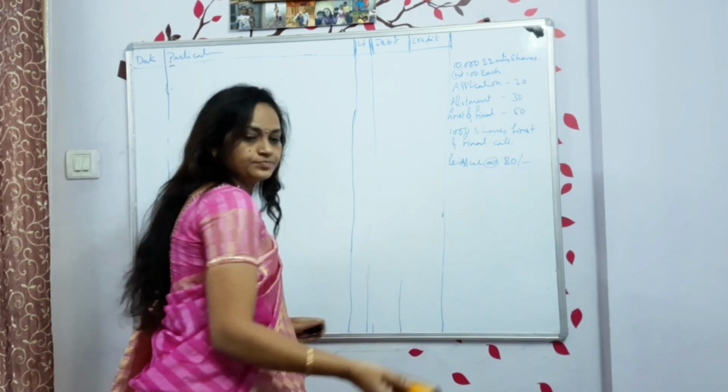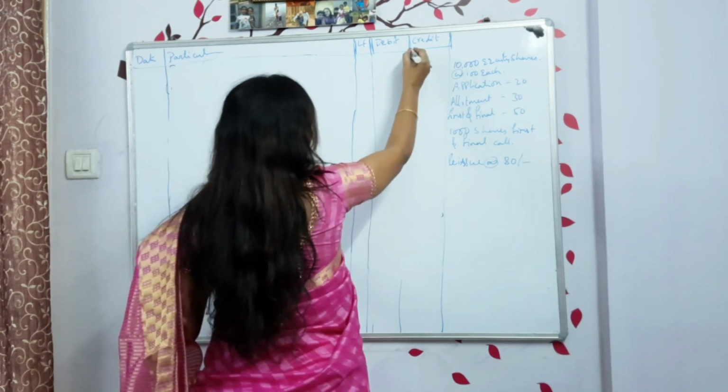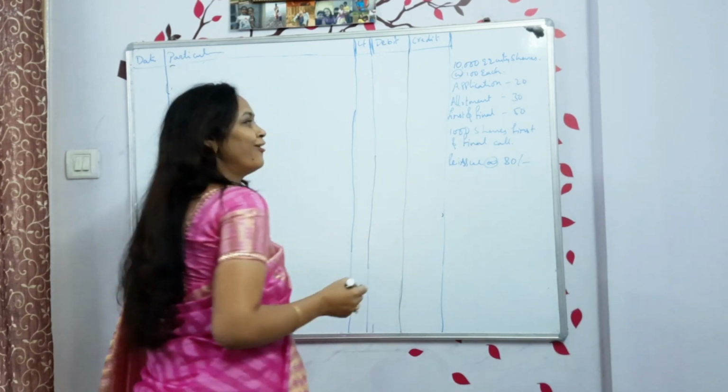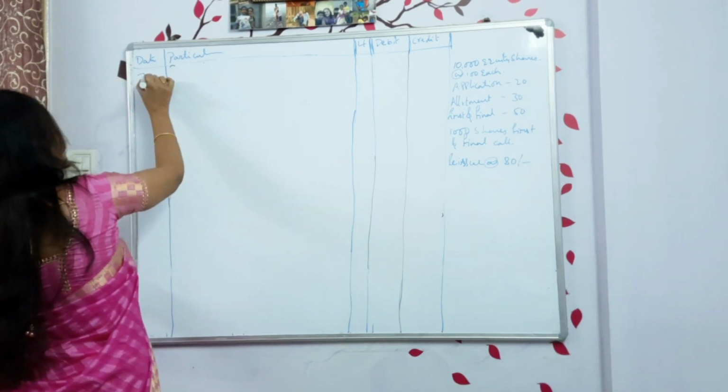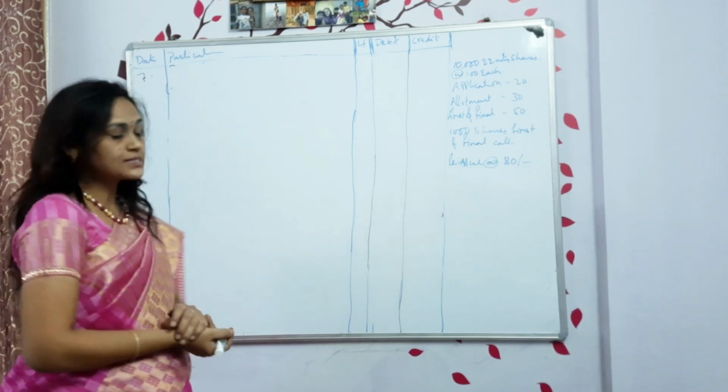I think now I made it colorful. Okay. Now, seventh journal. Seventh journal you are writing. Okay. For forfeiture of shares.